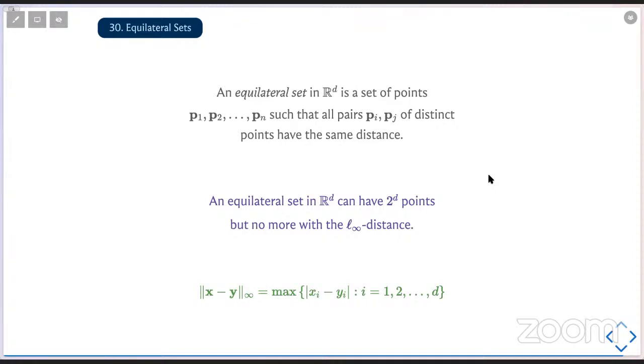When d is 2, this is 4, and you're probably thinking of a square. In R3, 2 cubed is 8, and you're probably thinking about the corners of a cube. Does anybody want to suggest an example of a collection of 2 to the d points which are equidistant under the L infinity distance?